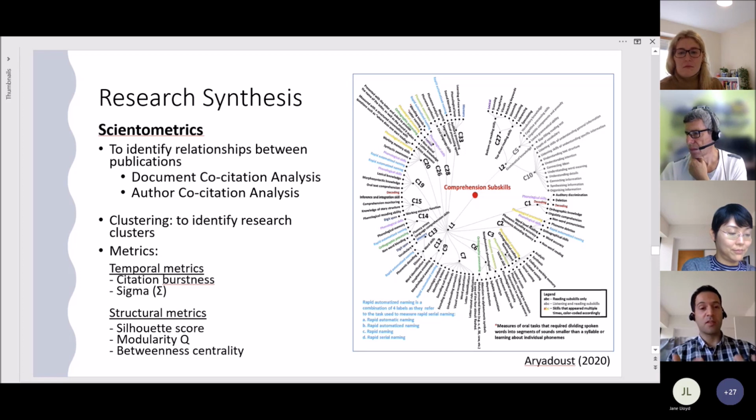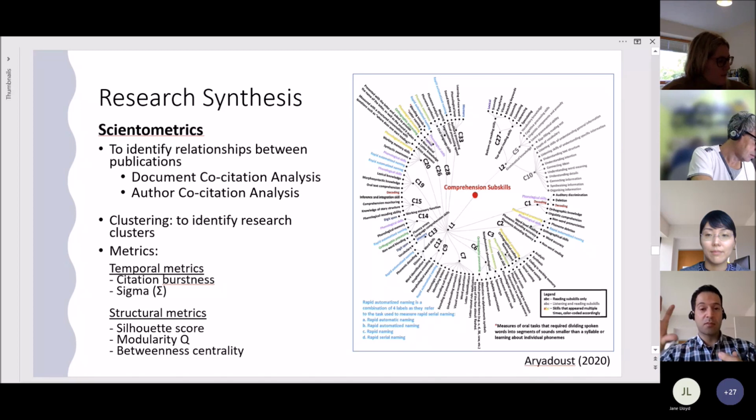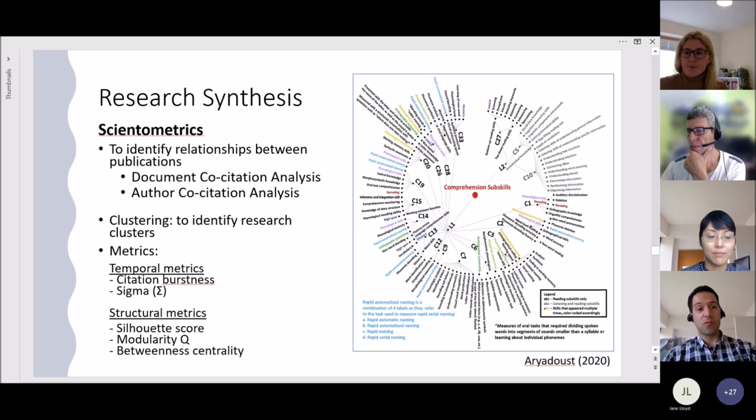It mines the data for me, and it identifies the relationships between publications. It clusters them into separate clusters, and then it mines the clusters and then says this cluster is most likely about this concept, and the other cluster is more likely about another concept. So it provides a review, a data mining sort of review of the field of applied linguistics or anything else.